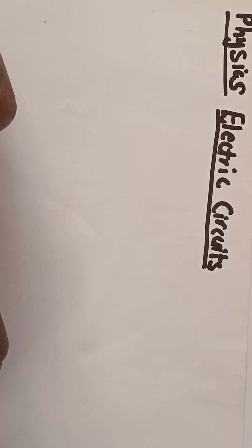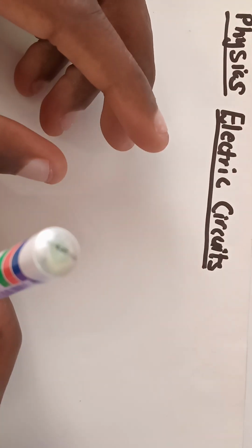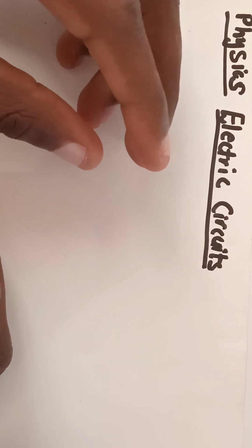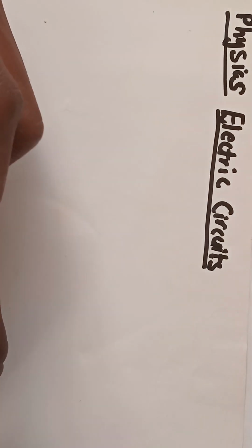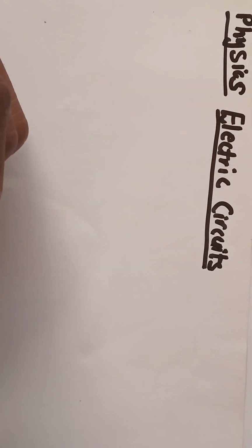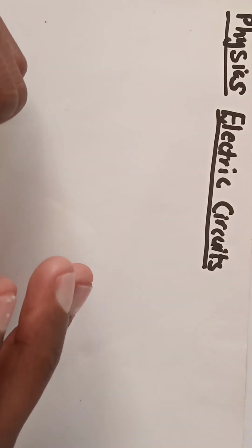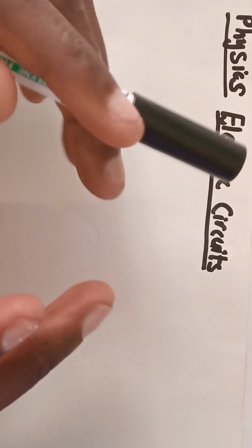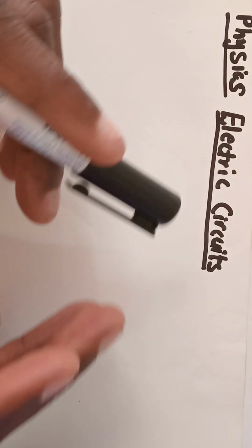Usually they take electric circuits from the basic Ohm's law. So we're gonna discuss Ohm's law today so that you get the basic part of electric circuits. Then in the next video, we're gonna discuss internal resistance, circuits in series, and circuits in parallel.